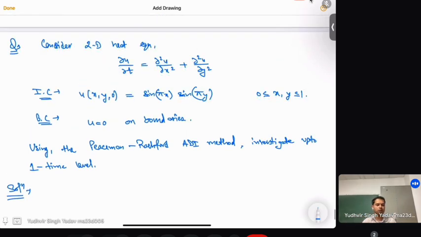So this is the given problem. Here we again solve the same 2D heat equation, but this time we will use the ADI method in order to solve this problem.